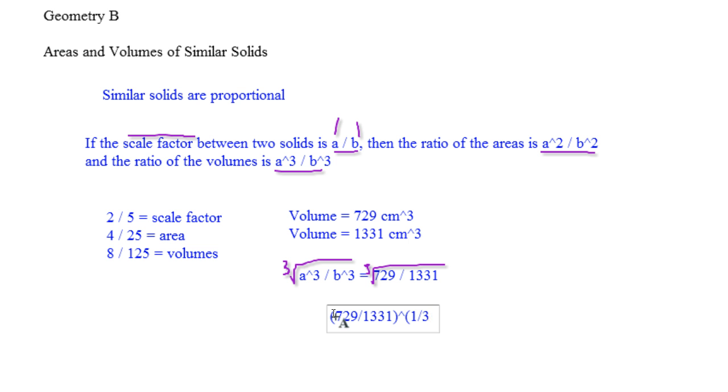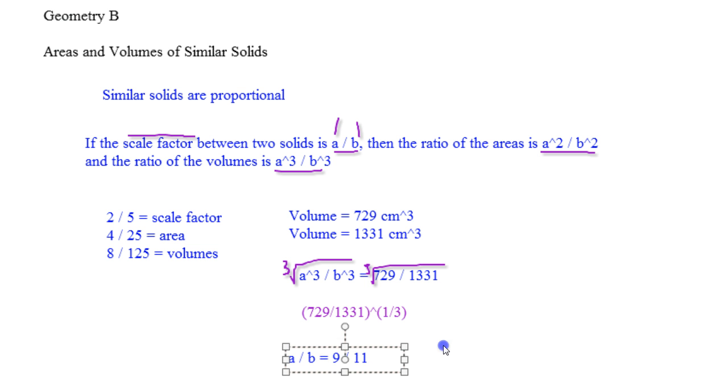If you do that, you'll get the scale factor, which is A divided by B, and that equals 9/11. There we go. I had to think about that and do my calculation real fast.